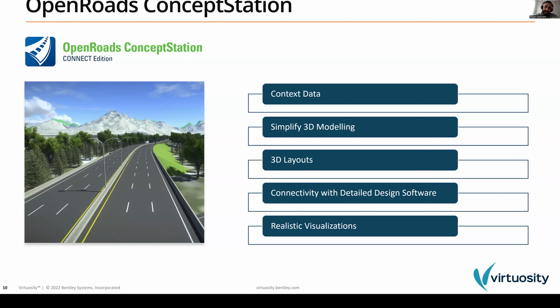It will simplify 3D modeling with easy-to-use engineering and sketching capabilities to quickly conceptualize road and bridge infrastructure. You will also be able to rapidly generate 3D layouts with associated project cost and share with project teams and stakeholders to decide the best option for your design.